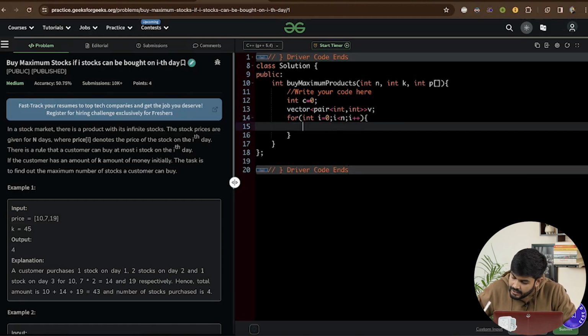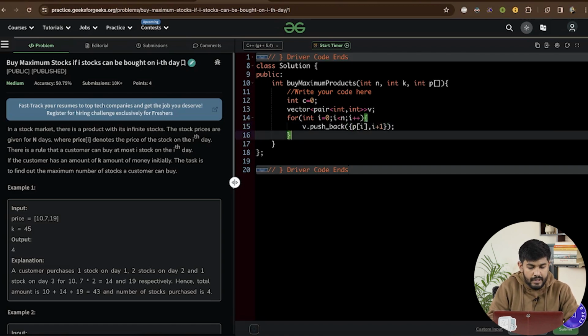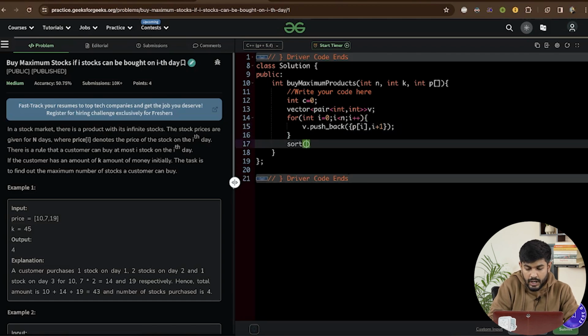Okay, but here if you observe, the values are 1 indexed. So I would be making a pair that is v dot push back. An array is 0 indexed, but we want 1 indexing. So we would be making a pair that is the current i, 0th indexing plus 1 would make it 1 indexing. We are done. Now we would sort it.